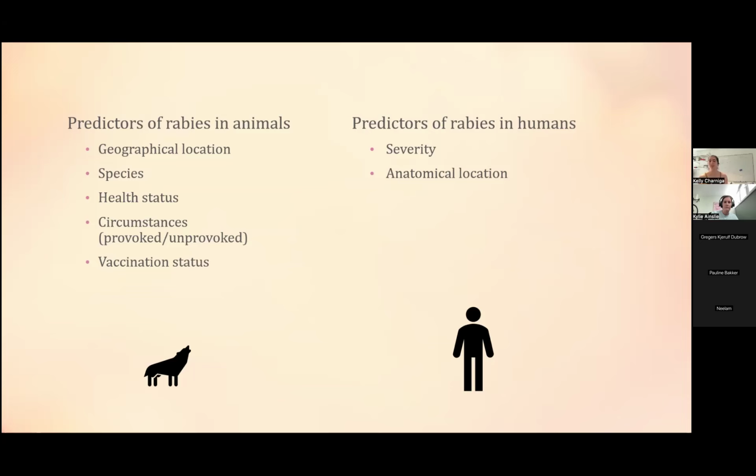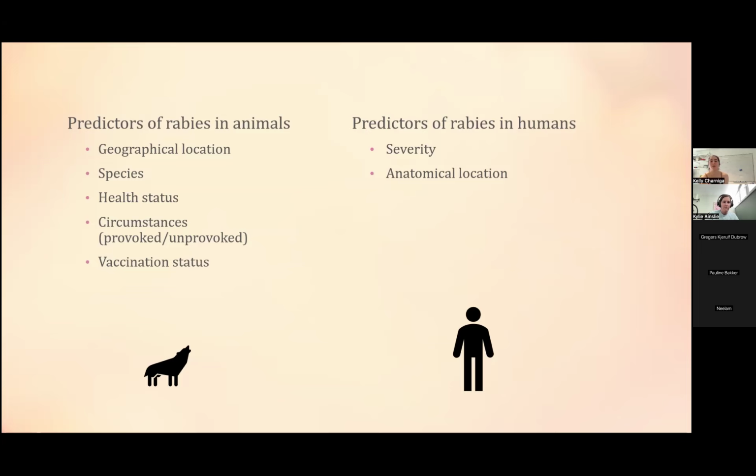And provoked means you did something to it. You pulled its tail, you bothered it in some way to make it bite you. So unprovoked is usually more risky and provoked may not be related to rabies. And then vaccination status. So obviously having a vaccine is protective, but not all animals get vaccinated. Typically pets like dogs and cats will be vaccinated.